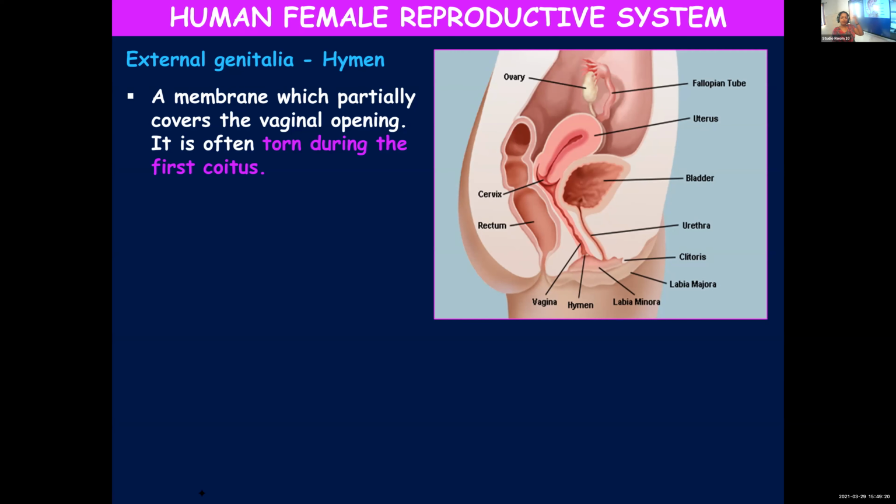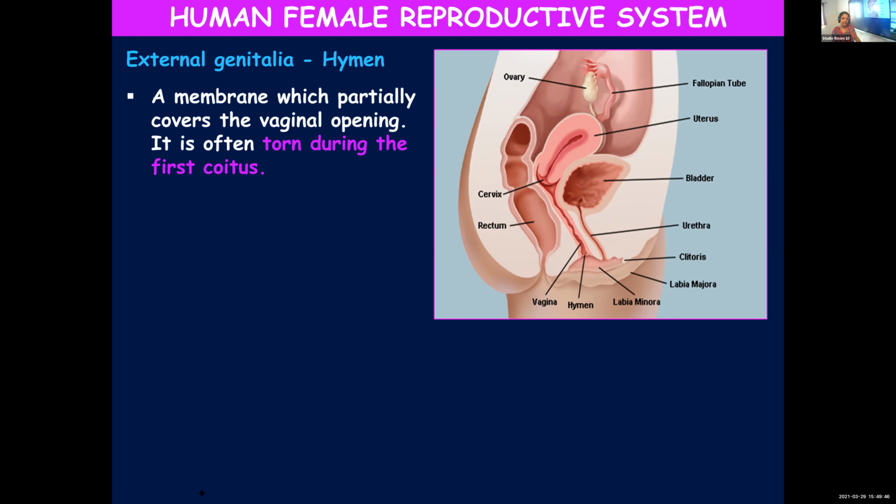If the girl is an athlete, while taking part in athletics, or while riding a horse or cycling, or maybe the girl has fallen down from a great height, or through some sudden jerks or shock, due to different reasons this hymen can get damaged, not only during sexual intercourse.